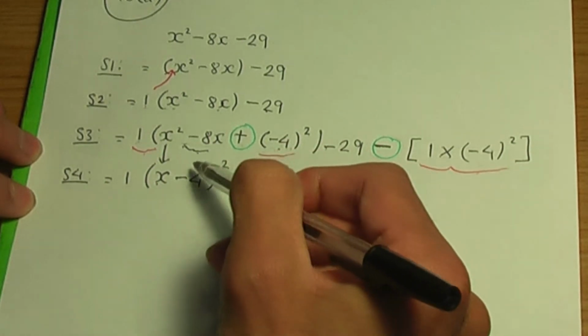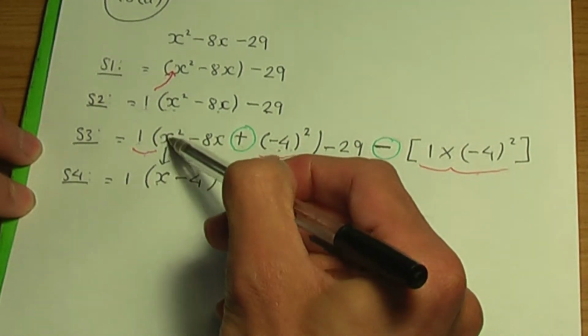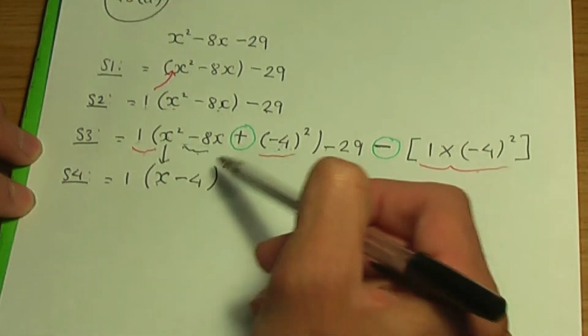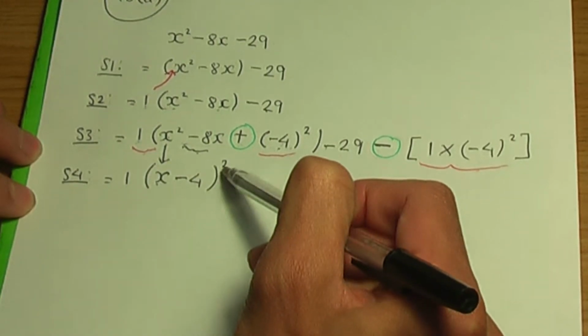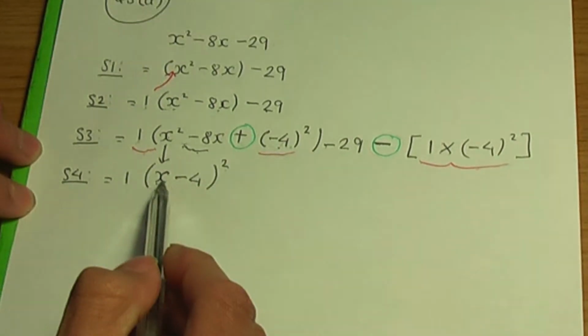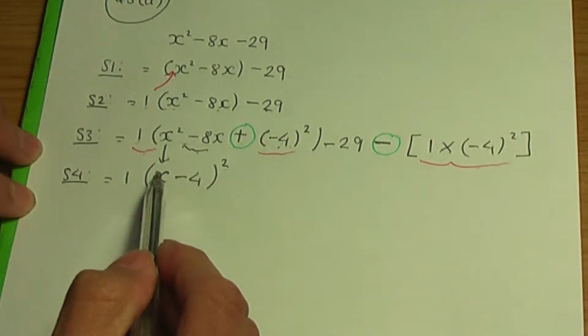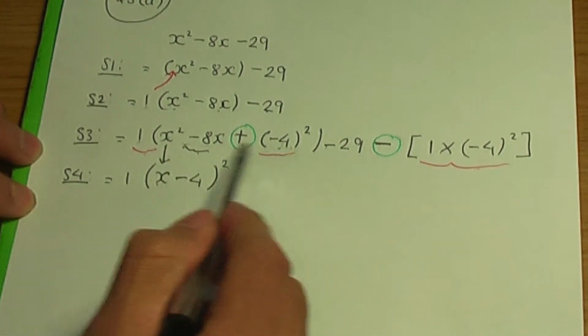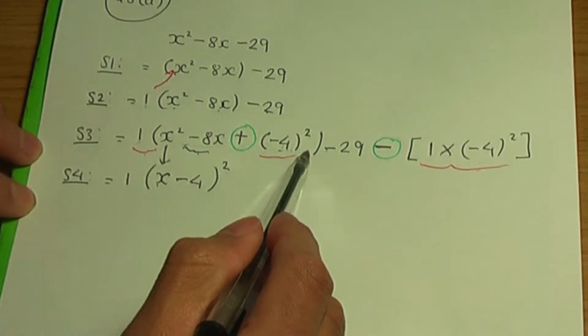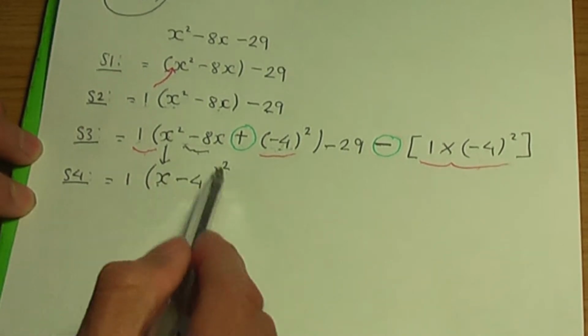This is no trick, this is always the case: write down the x, write down whatever term you have in this bracket, close the bracket and square. You can double check, because when you multiply this out, you're going to get this term as a result. We call this term a perfect square.